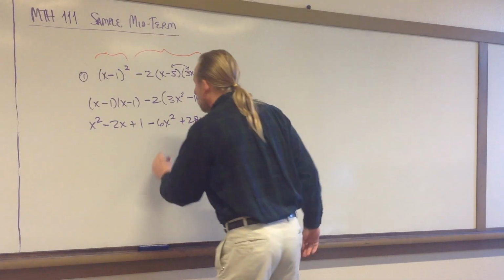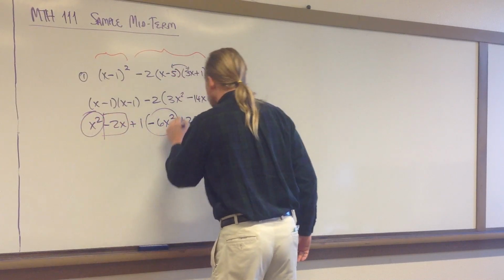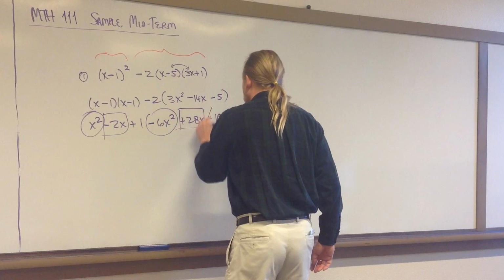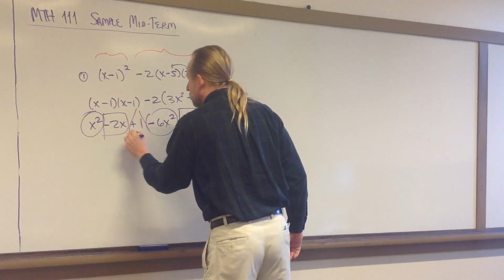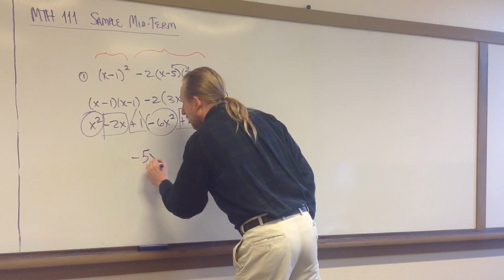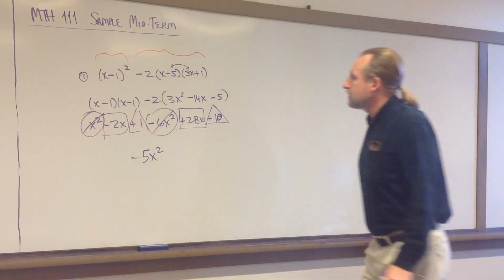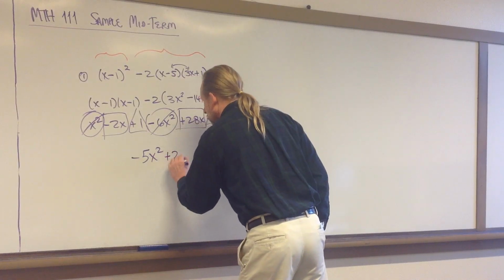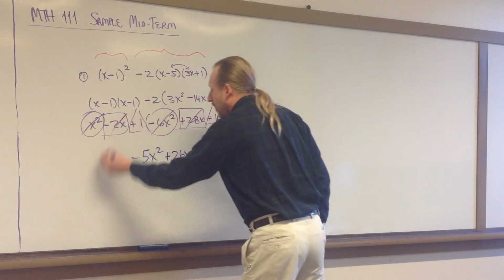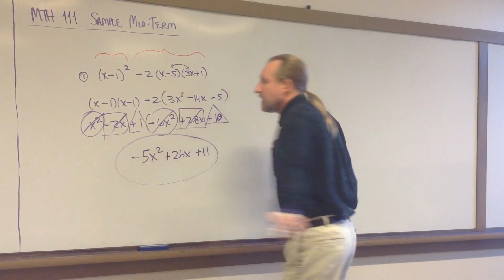Now, like terms: here are our x squareds, here are our x's, and there are our constant terms. So, minus 5x squared plus 26x, and then 1 and 10 make 11.